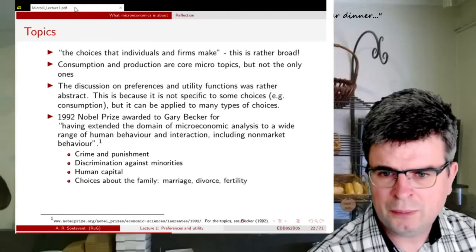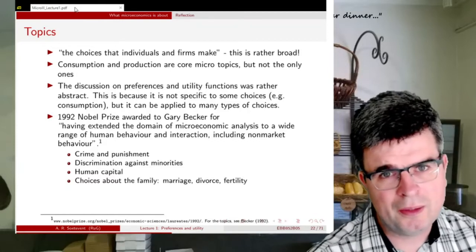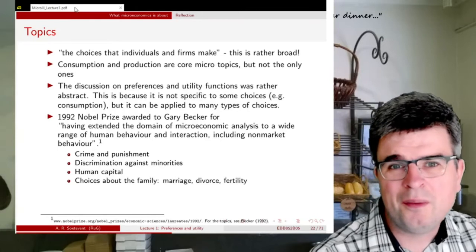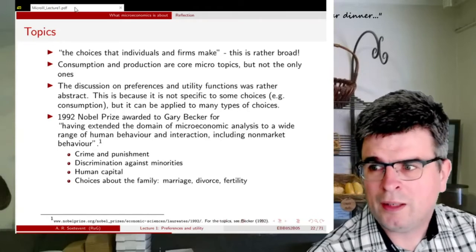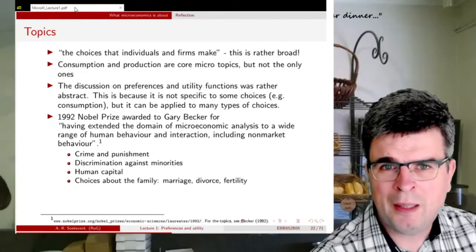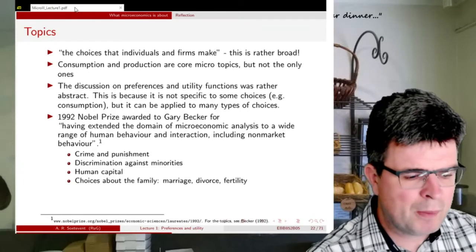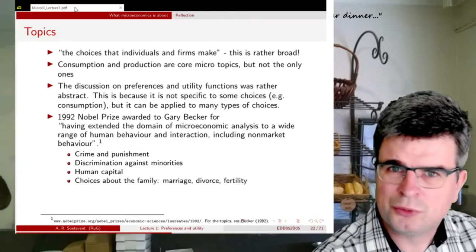And also, he took it even broader. So he also studied choices about the family. So the marriage market. Now, you might not normally look at finding a spouse or a partner as being part of a market interaction, but his research has made clear that you don't choose a partner at random.